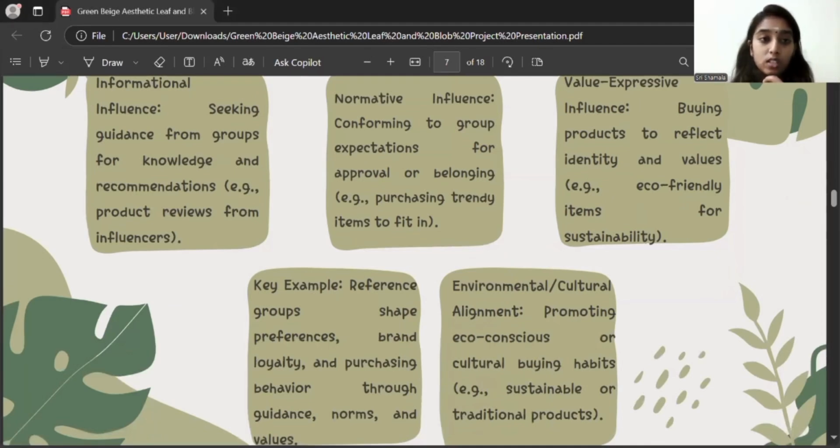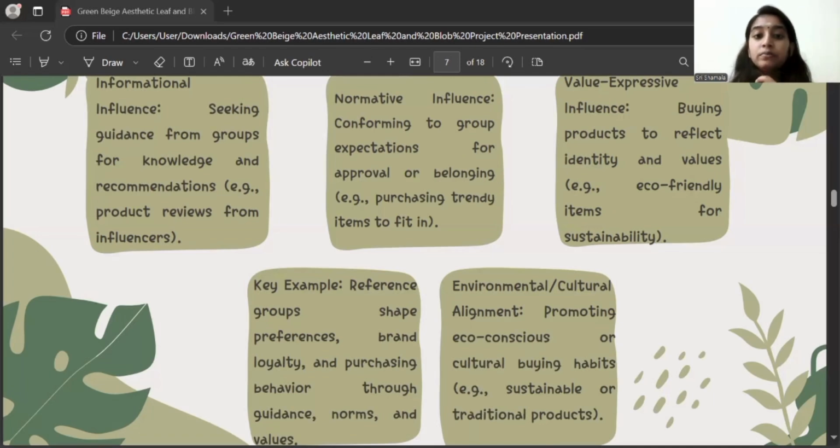What informal influence means is that a person seeks advice from others. It can be in a form where they follow influencers on social media, or people can ask those around them, friends or family, to decide what is best for them.